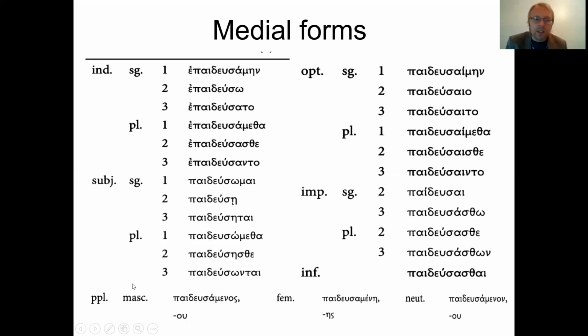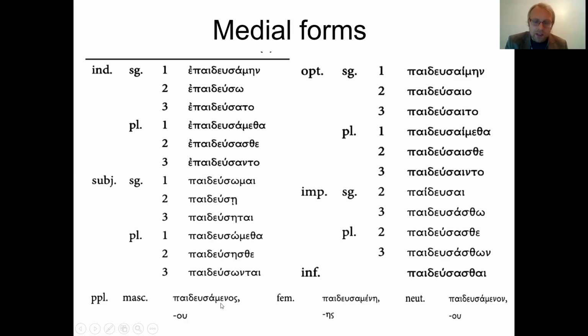And then if you turn to these participle forms, which you can see here at the bottom of the screen, we can again note that they have, of course, this sigma infix, and then also this thematic vowel alpha.